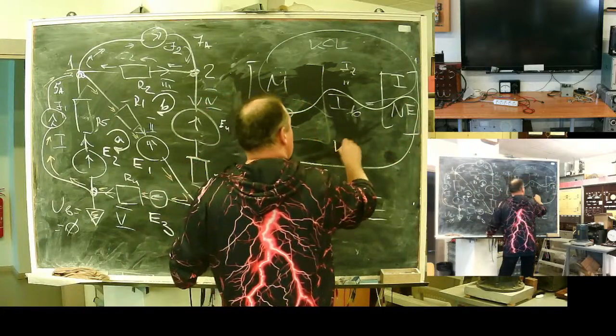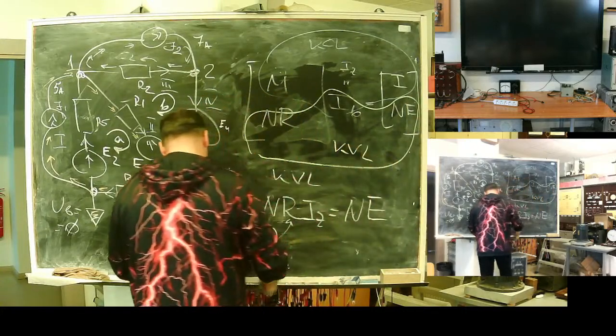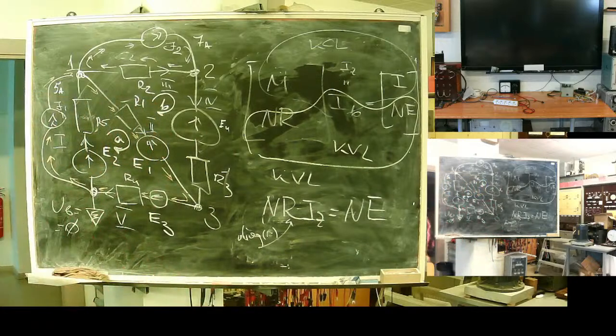The lower part is the Kirchhoff voltage law. The thing you see is the so-called system state equation. If you solve it, you will get all branch currents.